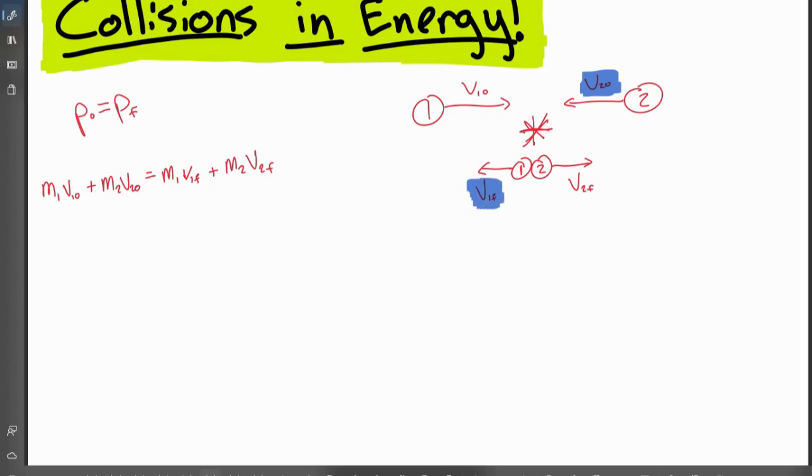If it's moving to the left, it'll be negative. So v2 naught and v1 final are both probably negative. That's an important thing to remember when you're plugging these velocities in, because momentum is a vector. We have to pay attention to what direction it's going.